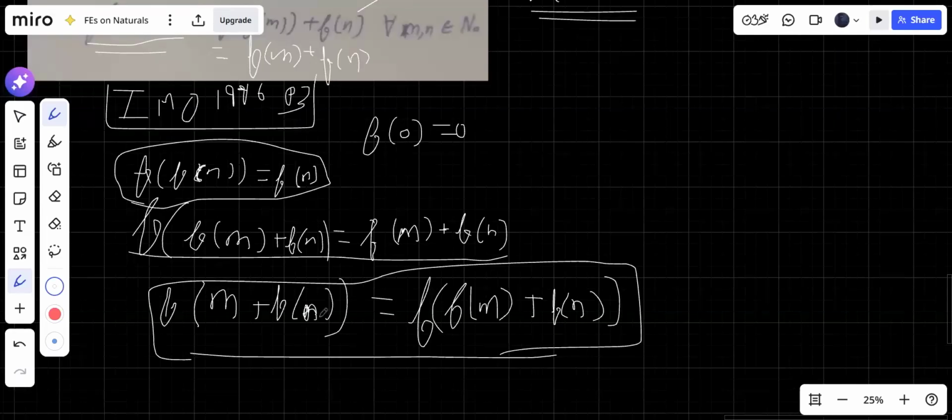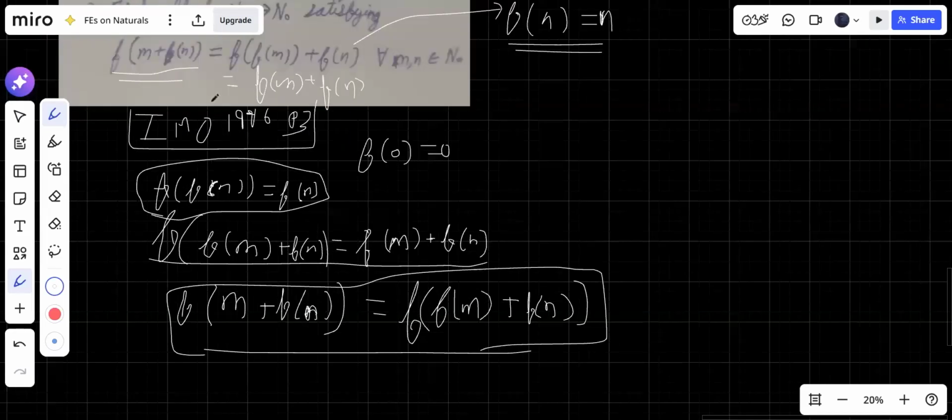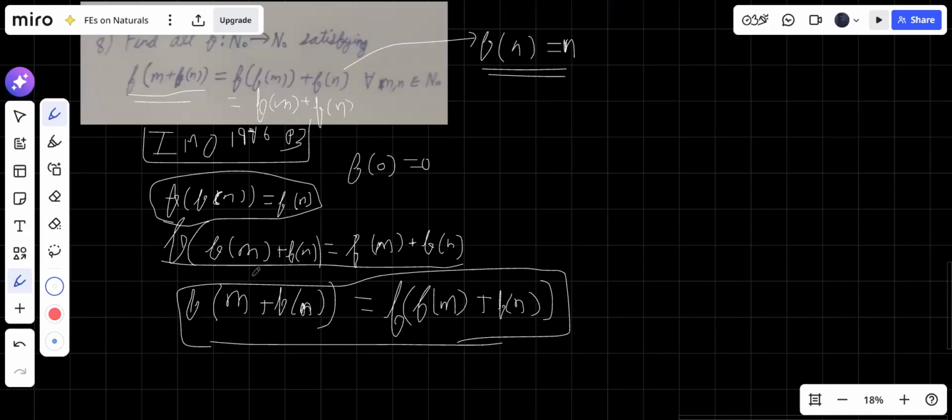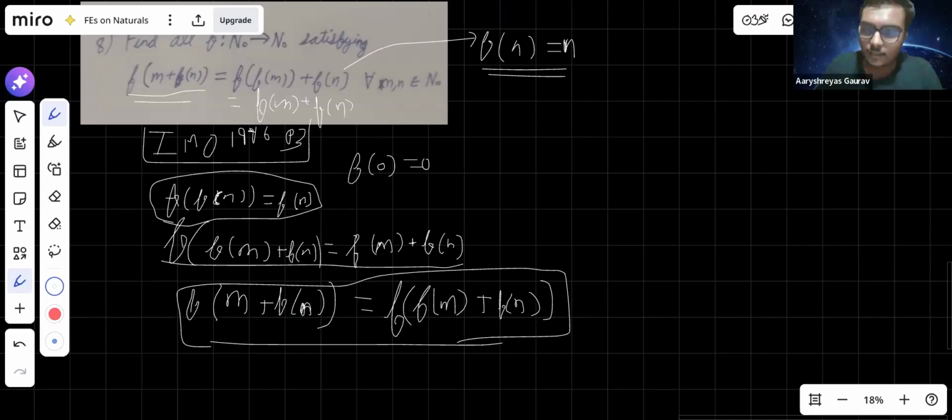Yes, taking f of m plus f of n from the above condition, we can say that it's f of m plus f of n three times f. Well, if you can, can you write it on a notebook and show it on your camera, if possible? It would be better for me to understand what you are saying.